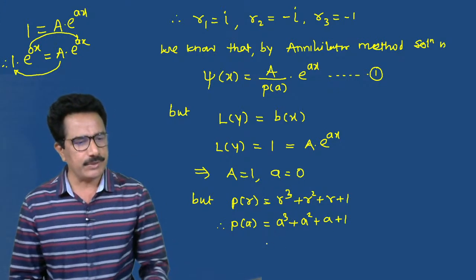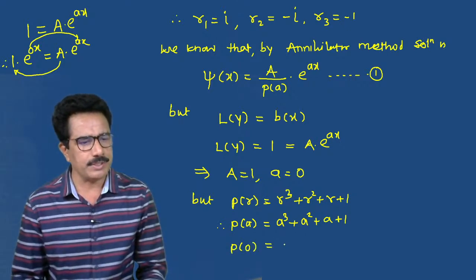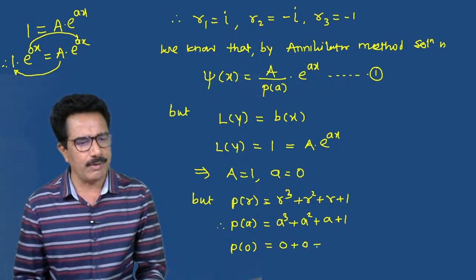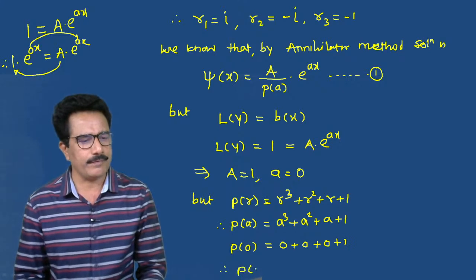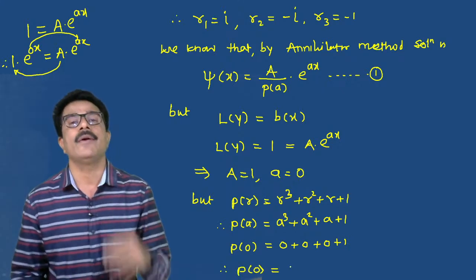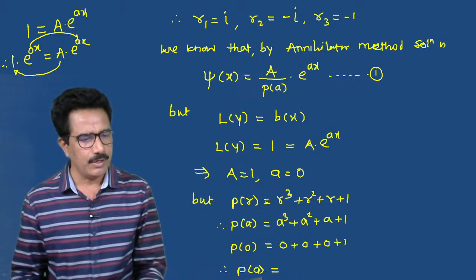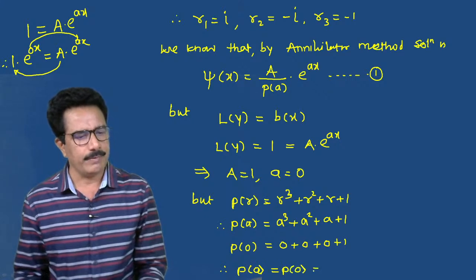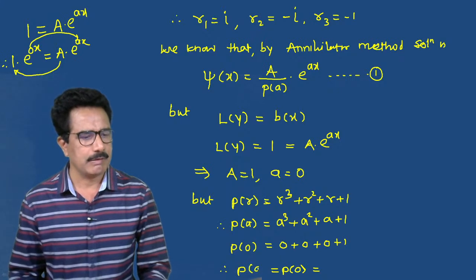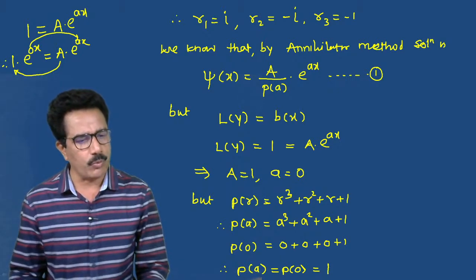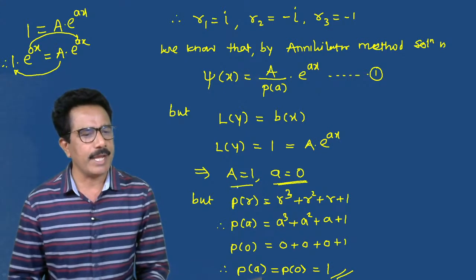But a is 0, so we can write P of 0 equals 0 plus 0 plus 0 plus 1. So P of a equals 1. Now this is P of a, this is small a, this is capital A.